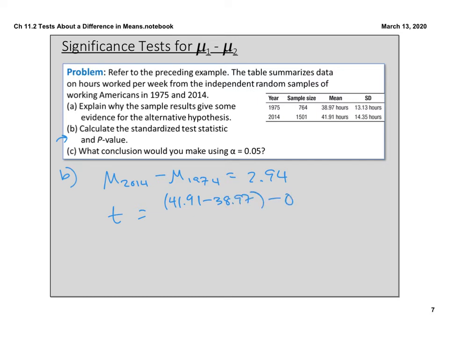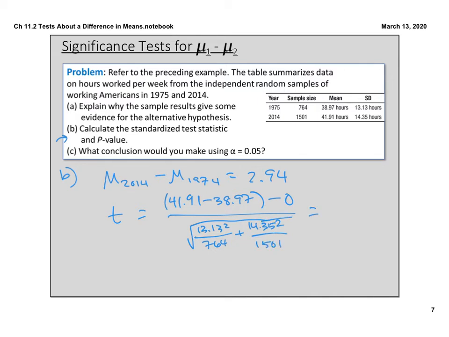We're testing against the fact that they are the same. The standard deviation in the bottom is going to be 13.13 squared divided by that 764, plus 14.35 squared divided by that 1,501.